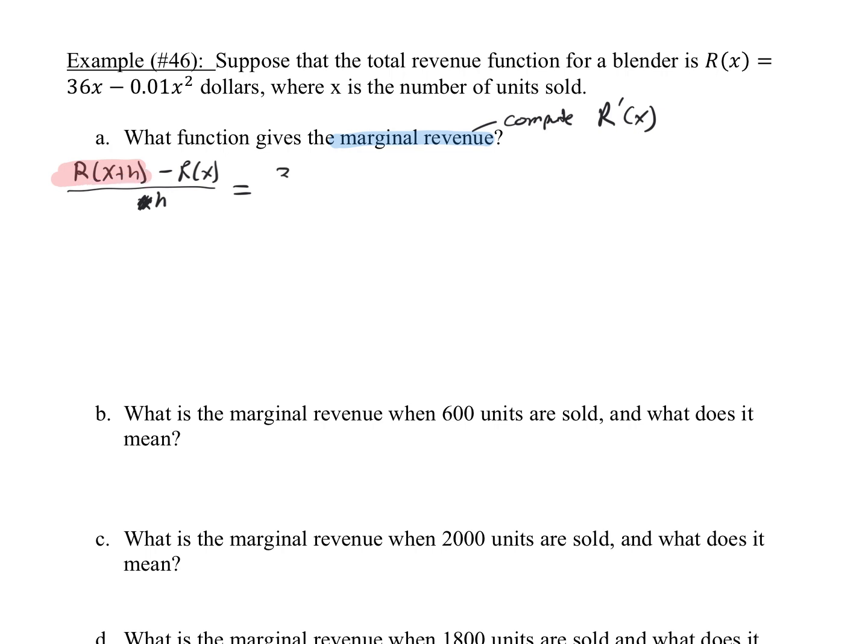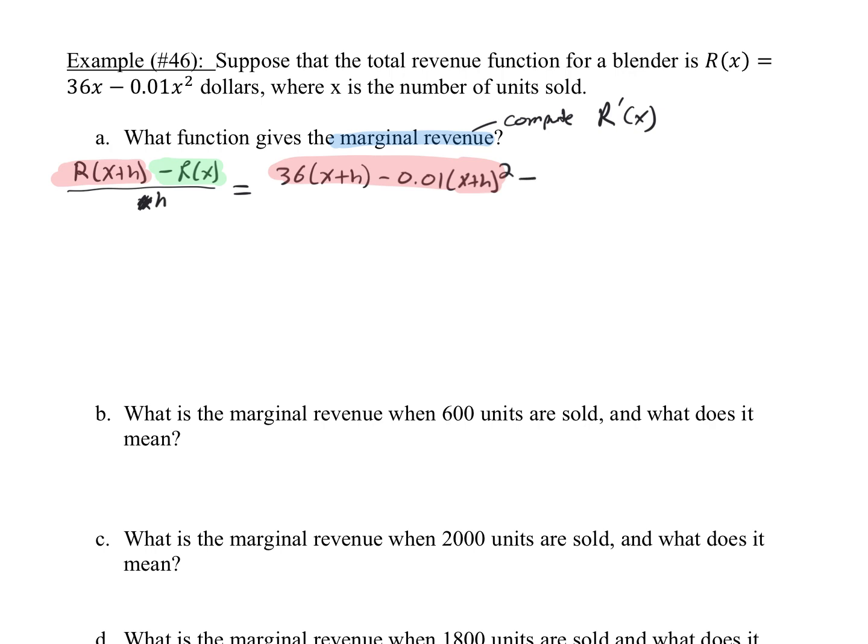This is 36 times, we're putting x plus h into the r function, minus 0.01 times x plus h, and that was squared. So what we just wrote down is r of x plus h. The next thing this tells me to compute is I need to subtract r of x. So let's do that.